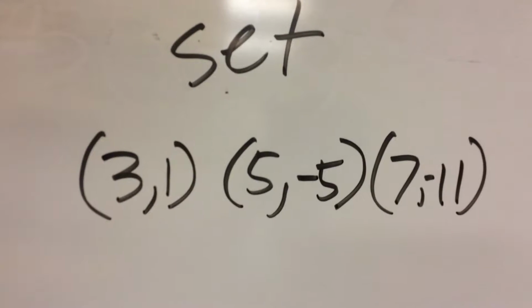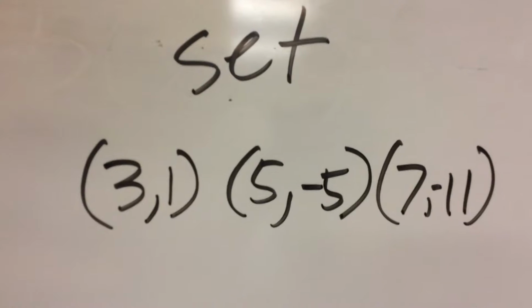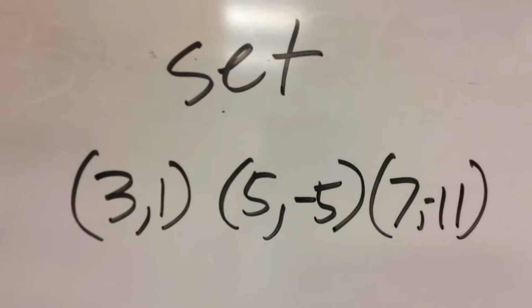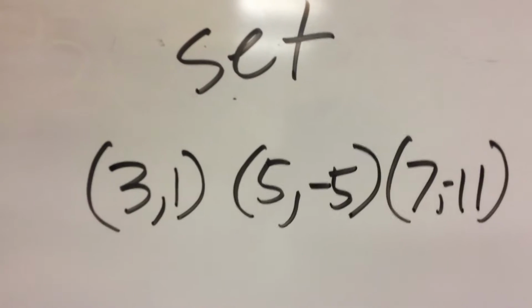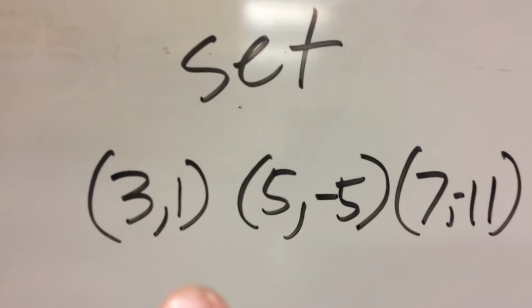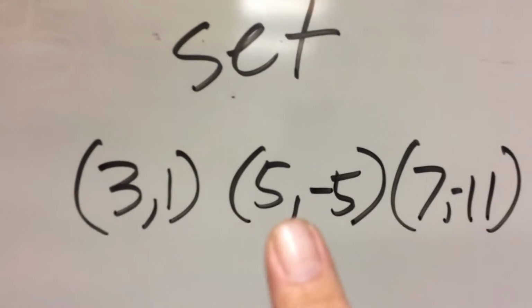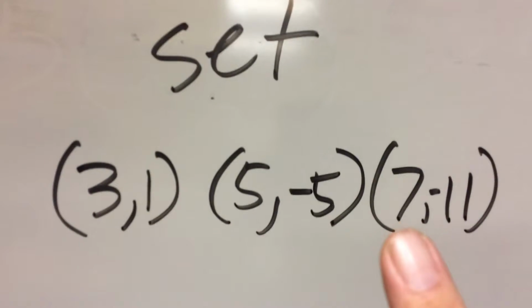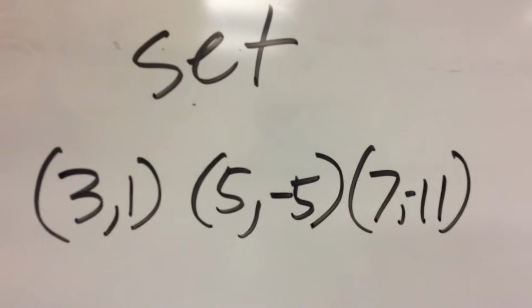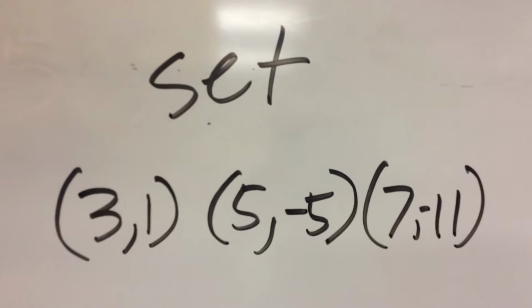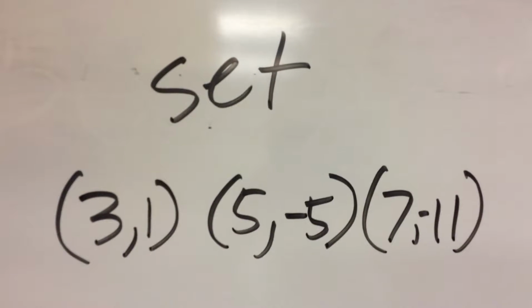If all the x values are different, then this is a function because each x only has one y. In this example, x is 3, x is 5, x is 7. They're all different. The y numbers don't matter when determining if this is a function or not. The only thing that matters is the x values.